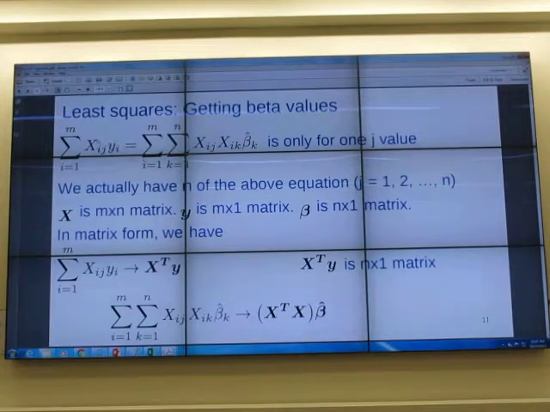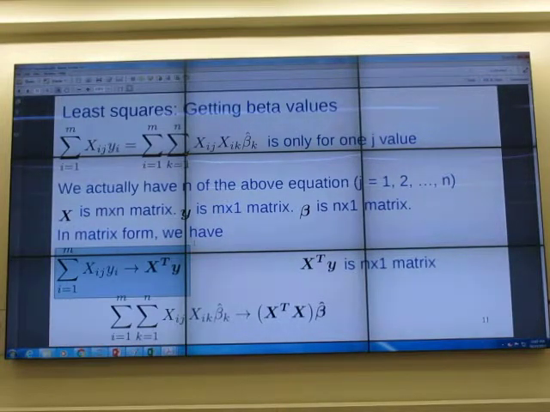X is an m by n matrix. Y is an m by 1 matrix, and beta is an n by 1 matrix. So when we do it n times, we have this equation n times, so I can put it in matrix format, in vector form. Instead of writing the summation of i equal to 1 to m of xij yi, I change it to x transpose y.